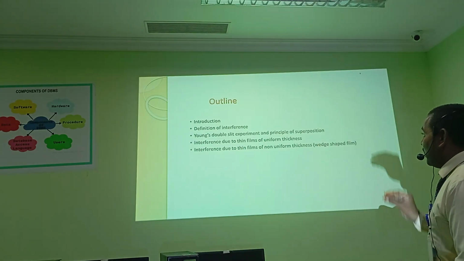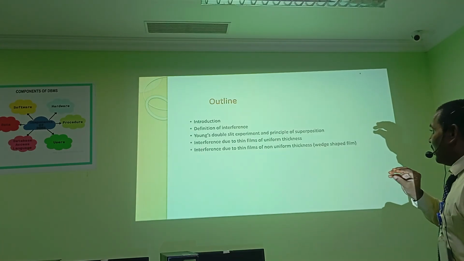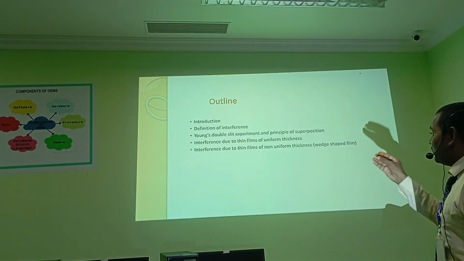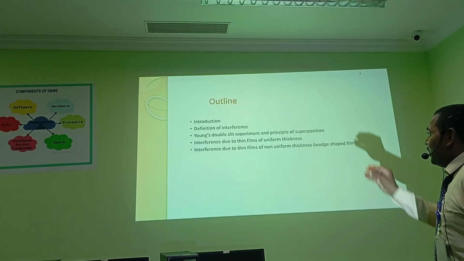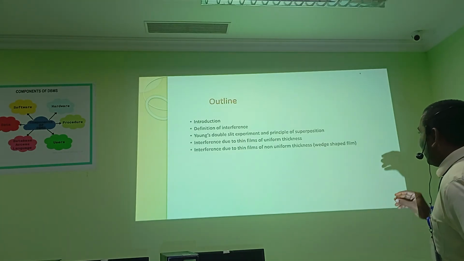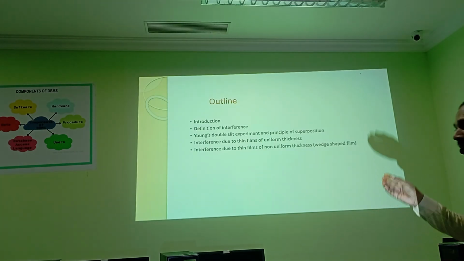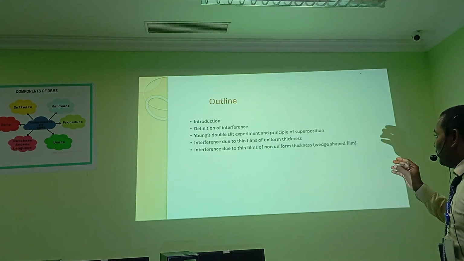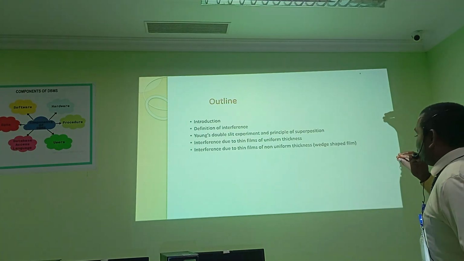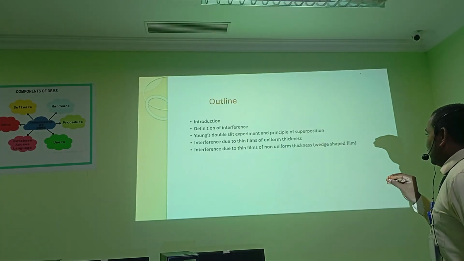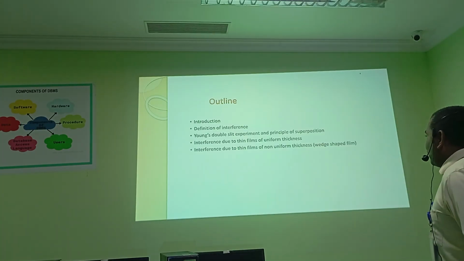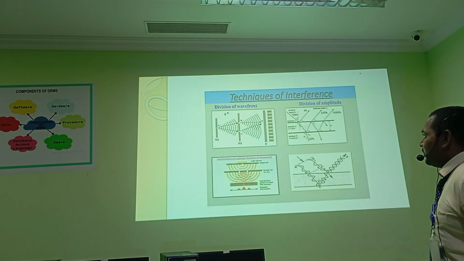A uniform oil mixed layer is called a thin film, or a color film. Next, interference due to thin films of non-uniform thickness, which is called the wedge-shaped film method, where we determine the thickness of the wedge-shaped film.